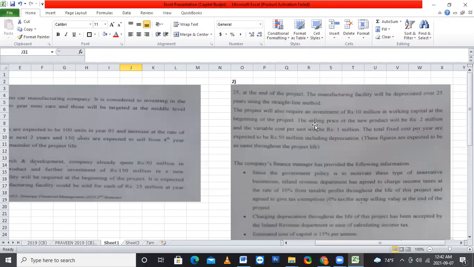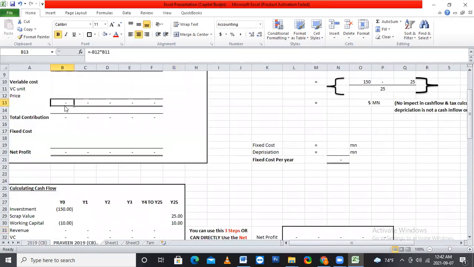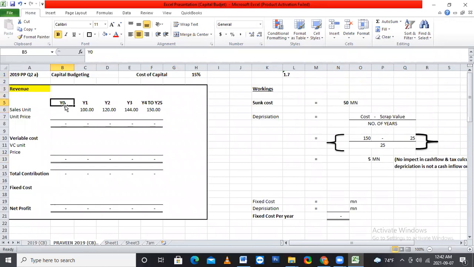After that, the selling price of the new product will be 2 million and the variable cost per unit will be 1 million. They said the selling price per unit is 2 million and the variable cost per unit is 1 million. So we use it in the revenue calculation. In year 0, there is no selling price. The 2 million selling price is the same for the other years.